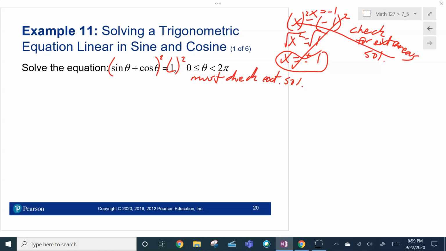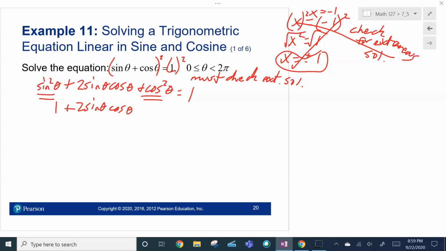All right, so we square both sides. I'm going to FOIL this. Now notice sine squared plus cosine squared. So I've got 1 plus 2 sine theta cosine theta equals 1, right?